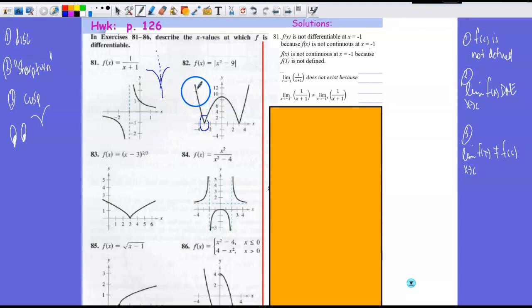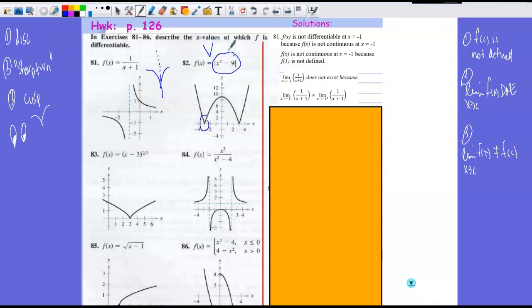But here, if you look at the way this graph goes, it's a reflected parabola. If you were to think of the tangent lines following this curve right here, and the tangent lines following this curve right here, they are not moving towards undefined. So this is very similar to the absolute value that we looked at. And in fact, you do see the absolute value right here.